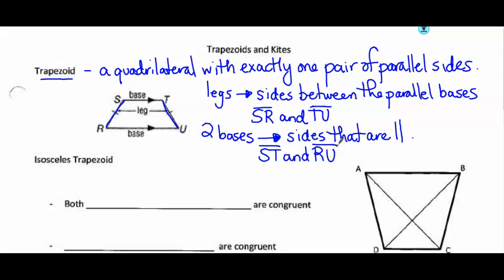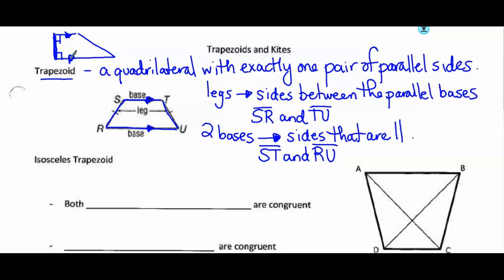Now remember, a trapezoid does not have to look like this picture right here. I know you see these parallel markings. A trapezoid could look like this. Try to draw my best. And there could be right angles right here. All they need is one set of parallel sides.